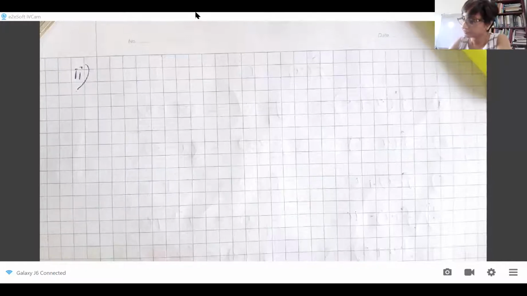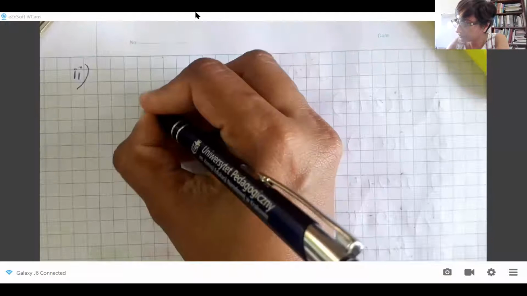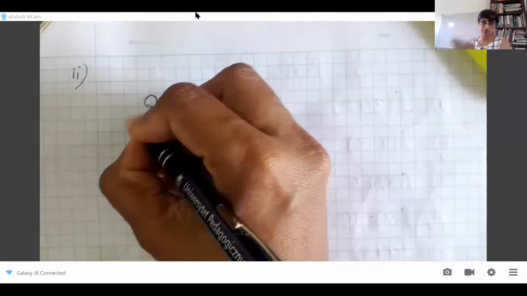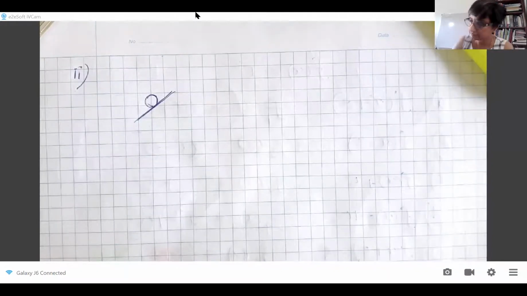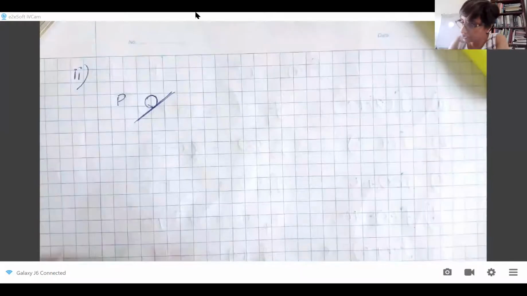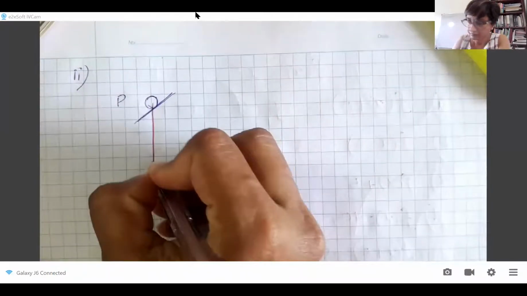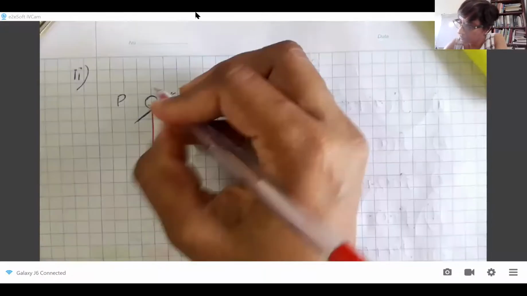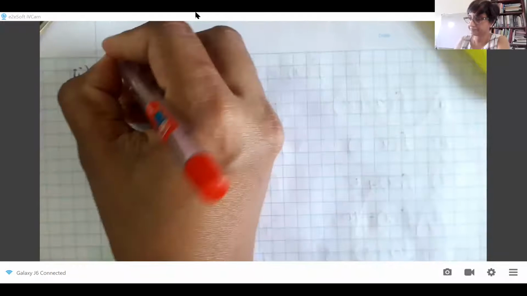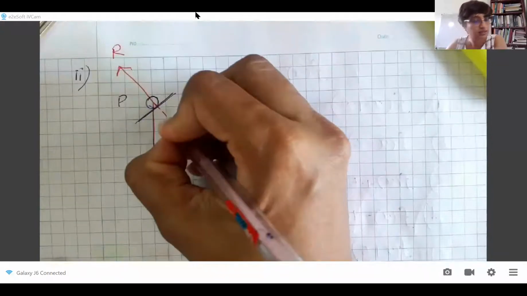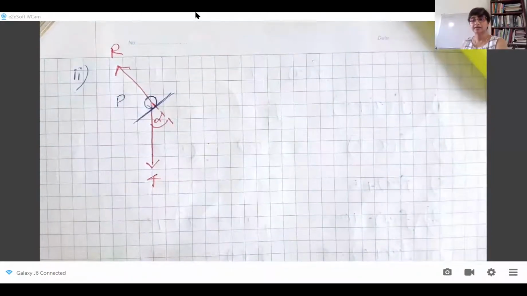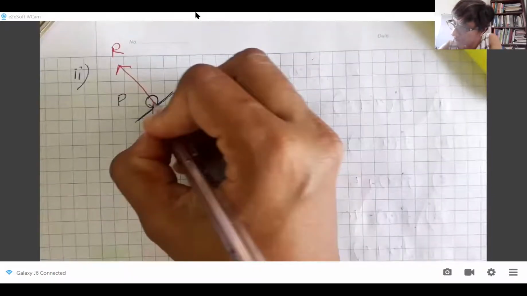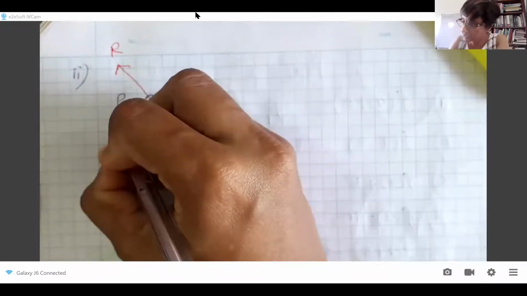Right. So here's your P. I will just draw part of the ramp just so that I know it's on this thing. Here are the forces acting on P. This is P. P's own weight acting down, 4 newtons. Reaction force, R. The angle here is alpha. And you have the external force X pulling down on P this way of 0.8 newtons.